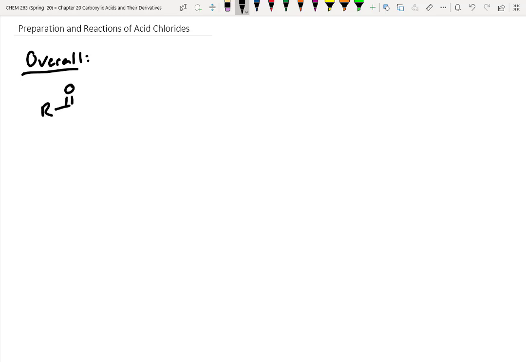So the overall reaction for converting a carboxylic acid to something like an acid chloride requires the use of SOCl2. In fact, this is the same reagent that is used to convert alcohols to chloride. So in this case, it makes sense that we're going to convert this OH group into a chlorine.